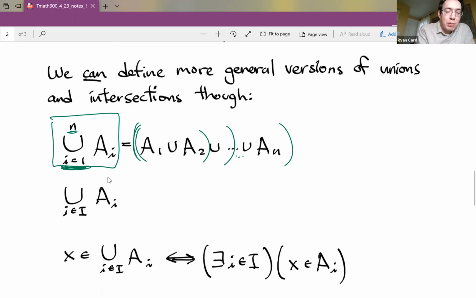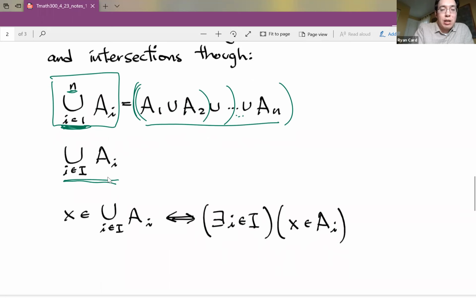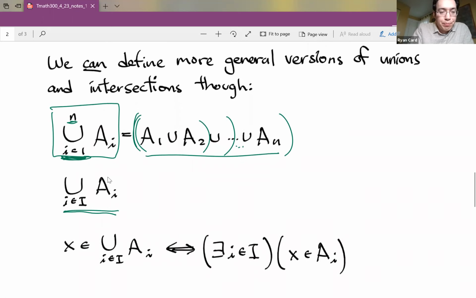And it doesn't even have to be finite. Even if the index set is infinite, like all of the natural numbers or all integers or all real numbers, you could actually make sense of this. Then the definition has to change a little bit, because you can't get to the definition with finitely many steps. Instead, you use quantifiers.